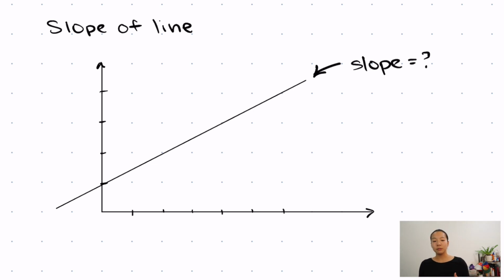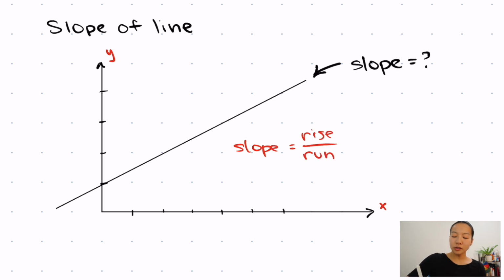By slope, what we mean is we want to figure out how much this line increases per unit of x. Of course, this is the x-axis, this is the y-axis. So the slope is actually defined as rise over run, which is also the same as saying change in y over change in x.